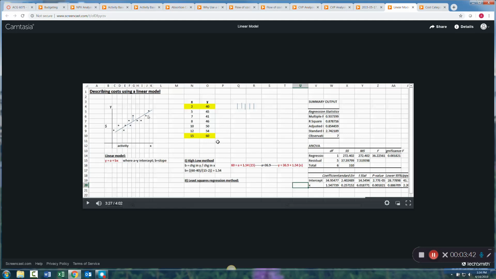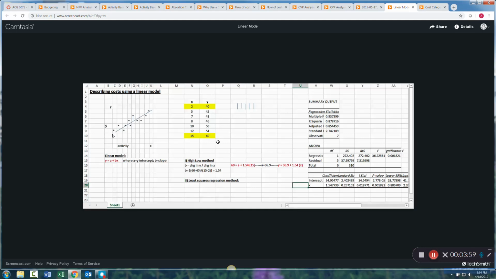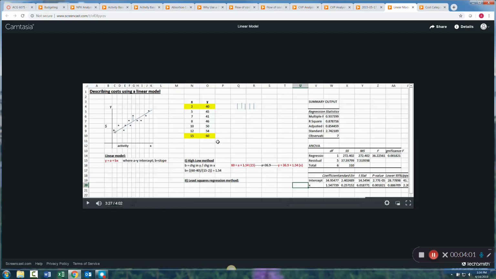In this case, the line that the model predicts as the best fitting gives us an idea of what fixed costs are. Wherever this intersects on the y-axis, that is our fixed cost. And then the slope, rise over run, is our variable cost per unit.